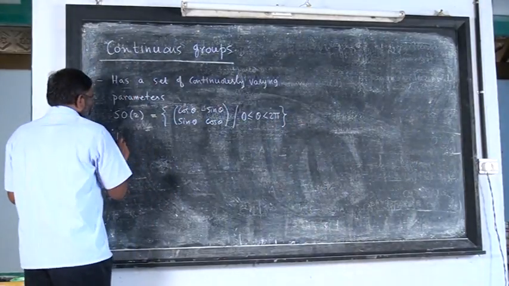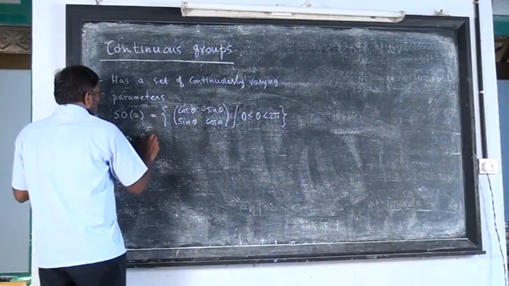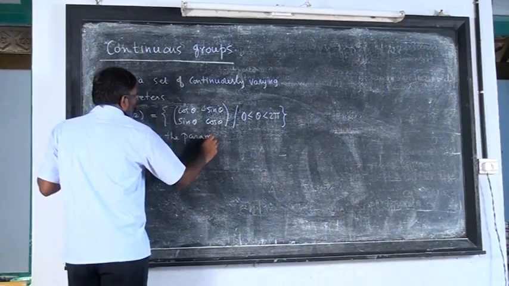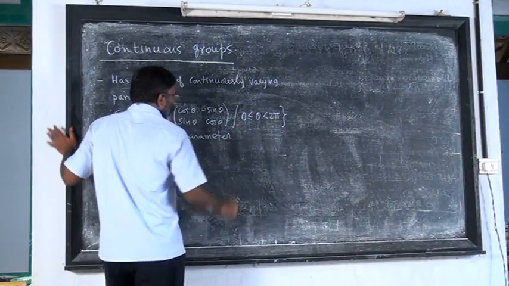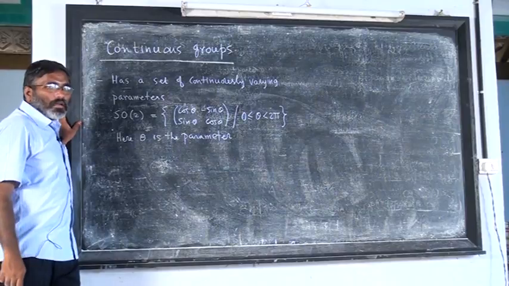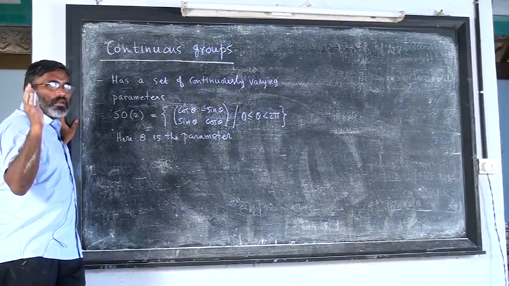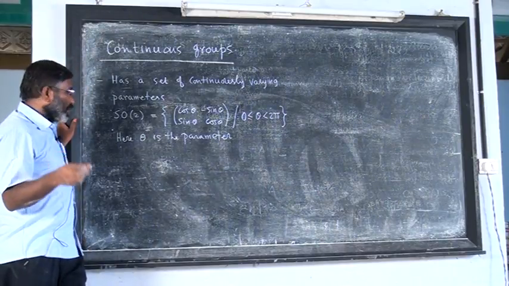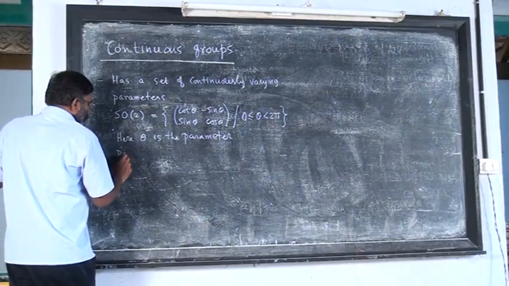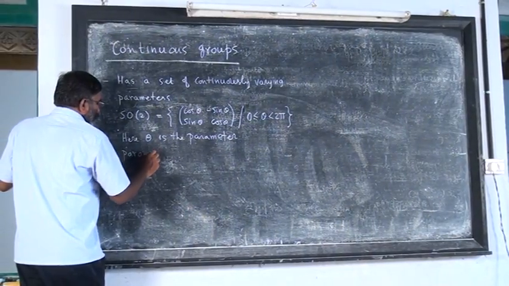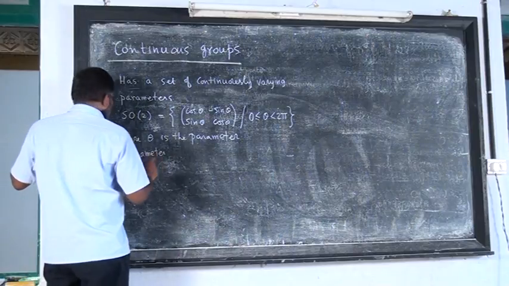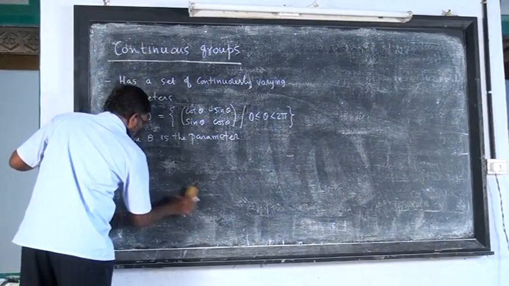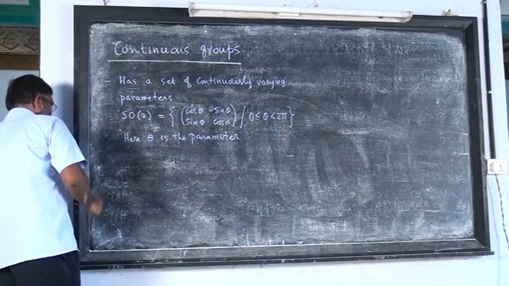So here theta is the parameter. And what is the set on which this theta varies, or what is the space? It's called the parameter space. Usually it's not a space, so you call that as group manifold.